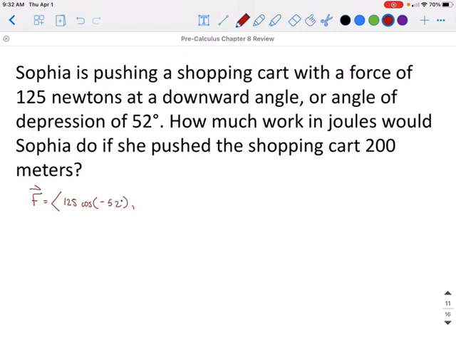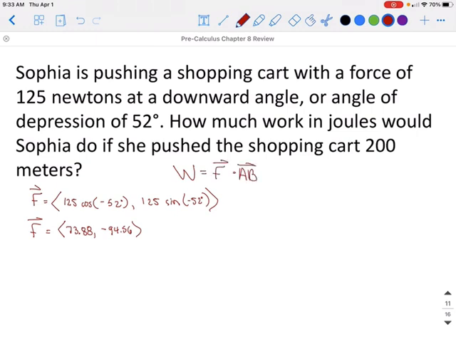Now, since she's pushing down, this is going to be a negative 52 degrees, and it's going to be 125 times the sine of negative 52 degrees. So the force vector in this case will be 73.88 and negative 94.56.